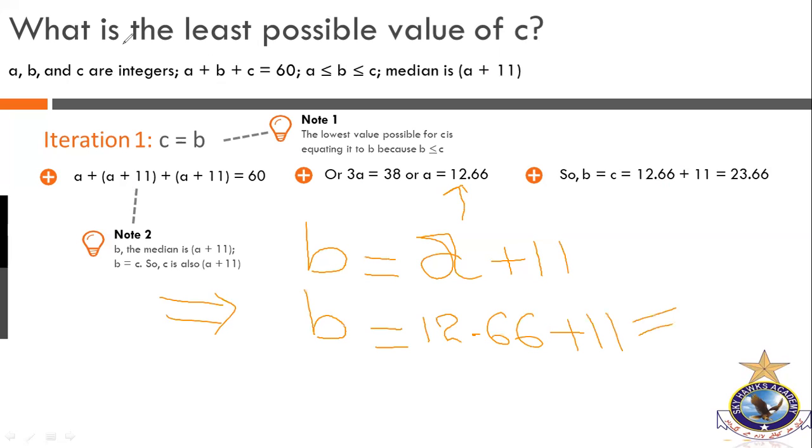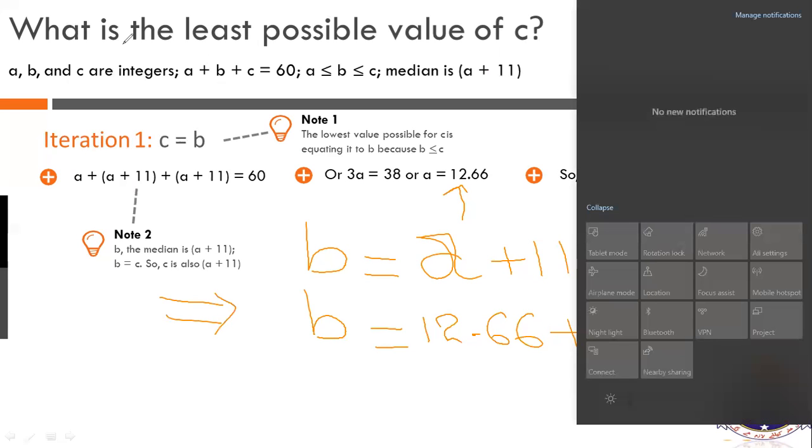If we are adding this, what is it? 23.6666. Good. So let's see.